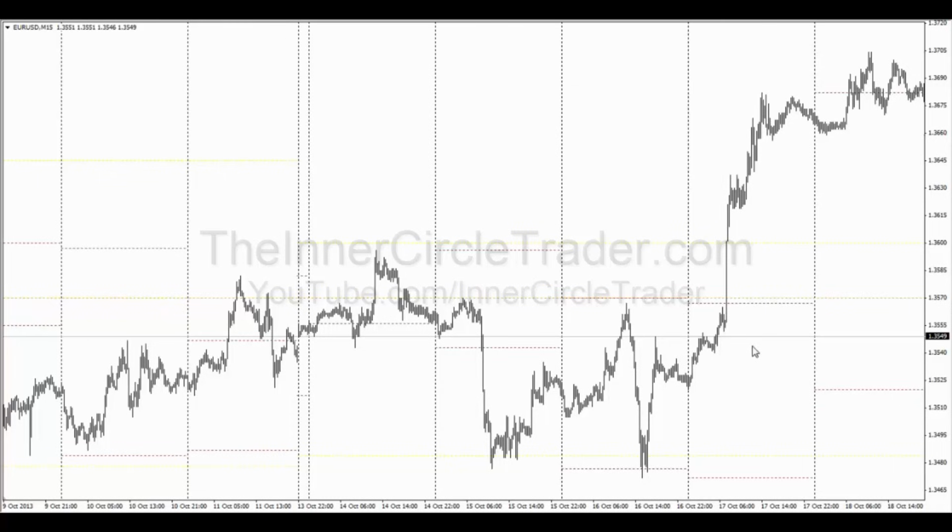Execute, no fear, no worry, no rushing, absolute patience, and there's no emotion whatsoever. The emotion comes on the other side of the trade when you get out, hopefully with profitability, hopefully with having very little drawdown during the trade.